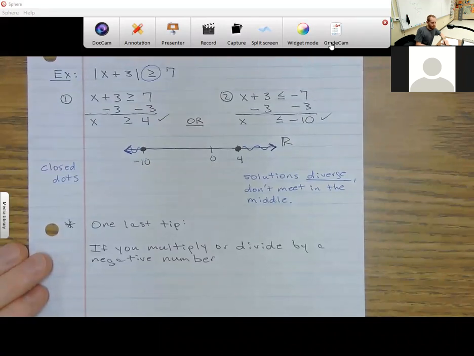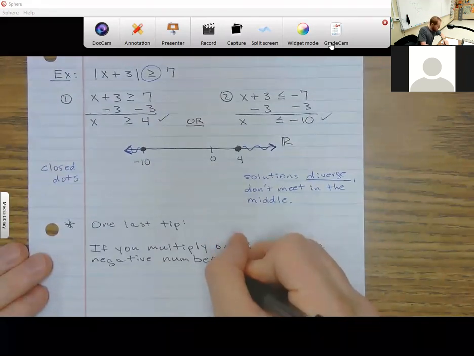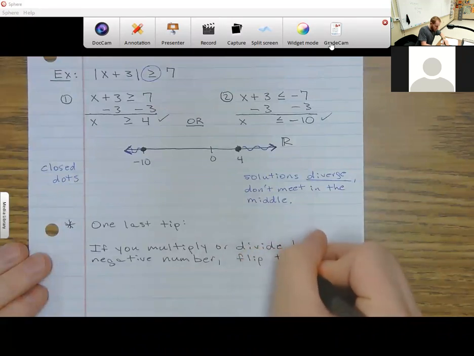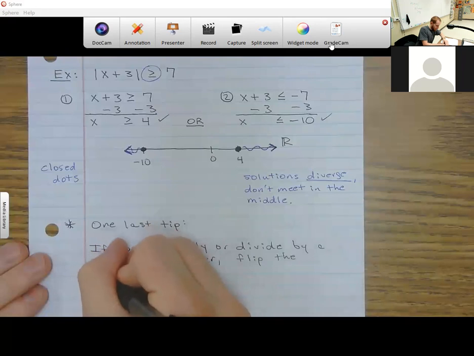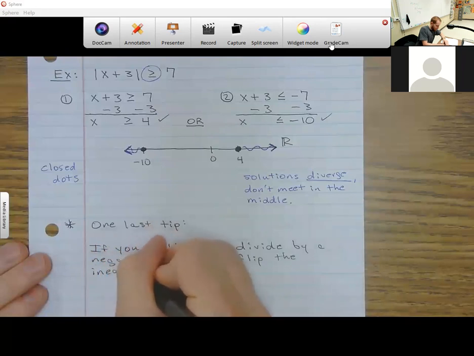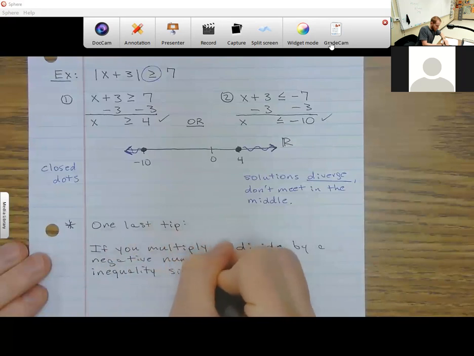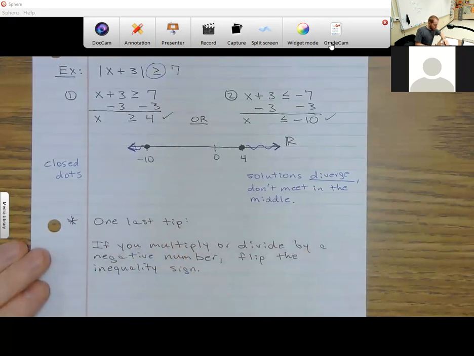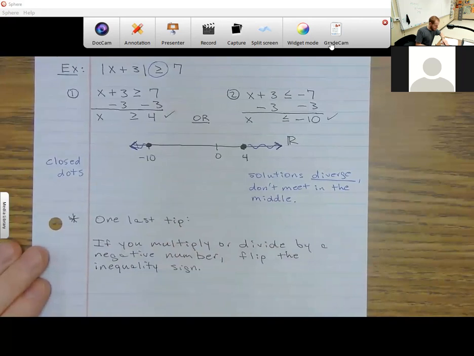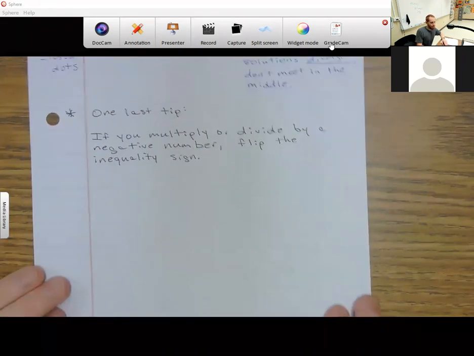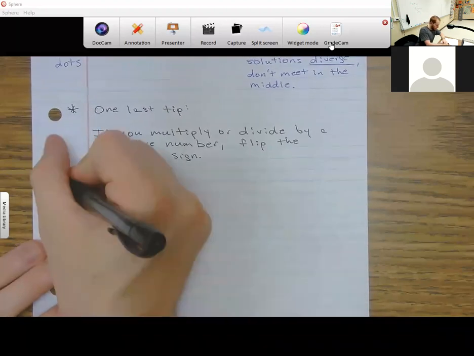You should flip the inequality sign. Remember that? Flip the inequality sign. And you'll see what I mean when we do this next example. Okay? All right. Let's do this one.